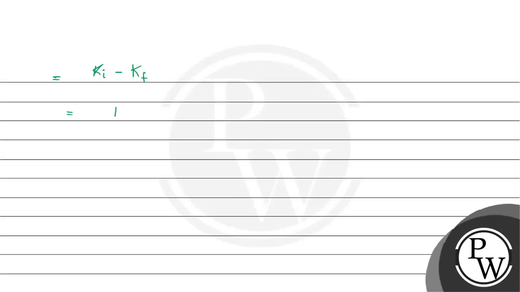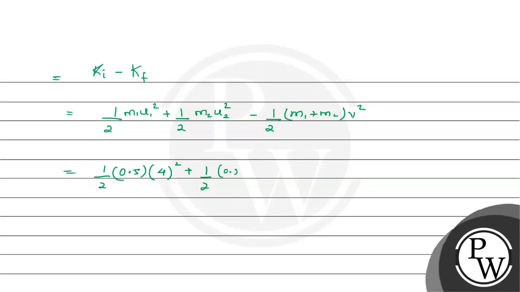So it will be equal to half of m1 u1 square plus half of m2 u2 square minus half of m1 plus m2 times v square. So it will be equal to half of 0.5 times 4 square plus half of 0.25 times minus 3 whole square minus half of 0.75 times 1.66 square.